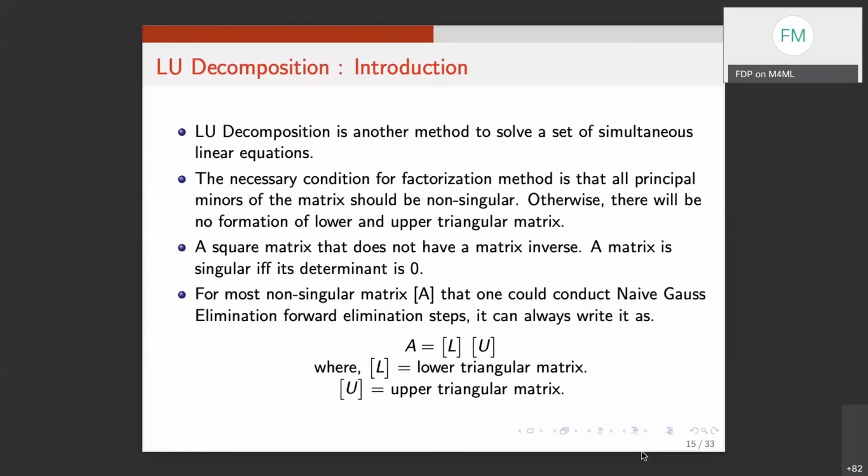Right. So if you consider a non-singular matrix A, one could conduct the Gauss forward elimination steps. So we can write that as A is equal to LU, where L is a lower triangular matrix, and U is an upper triangular matrix, right?